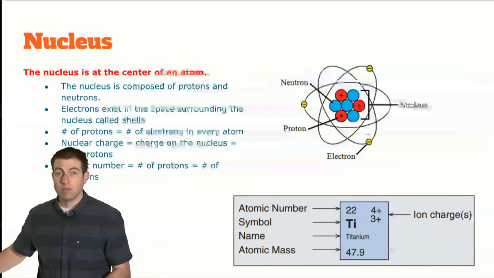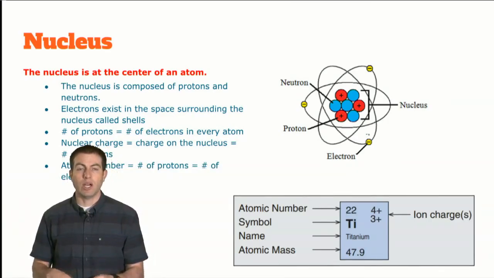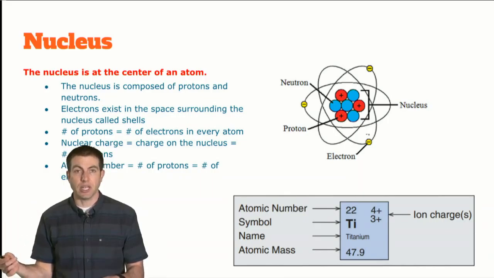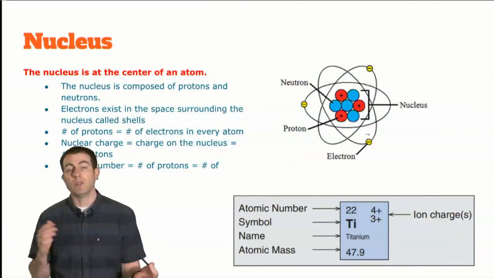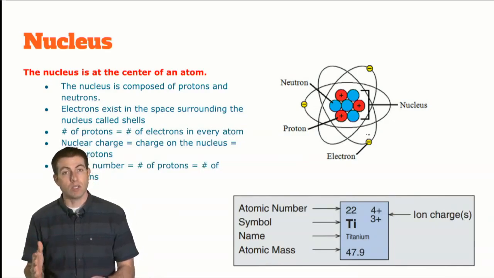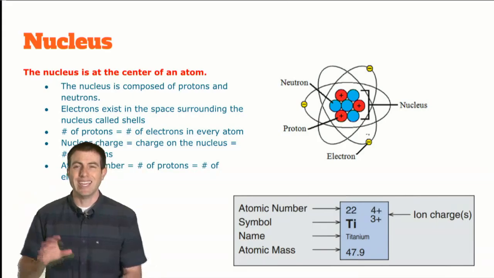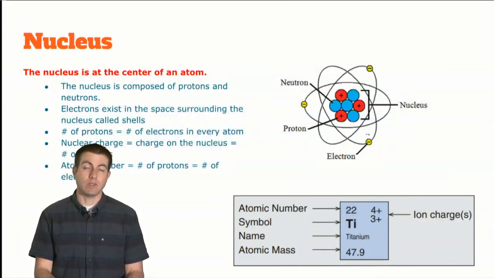So if you have 5 protons in your atom, you'll have 5 electrons. If you have 100 protons, you will have 100 electrons. It is how it works. The charges need to balance out. They don't always. We'll talk about how they don't balance out later, but when we're talking about atoms, the number of protons is always the same as the number of electrons.